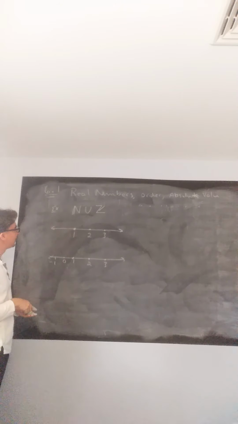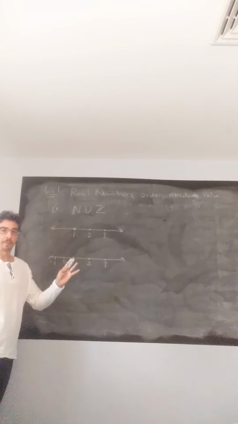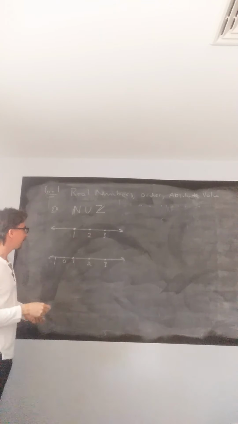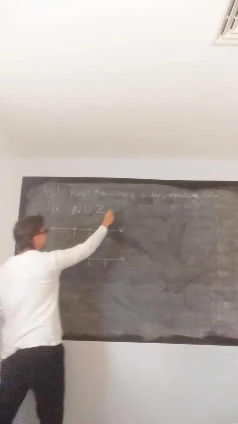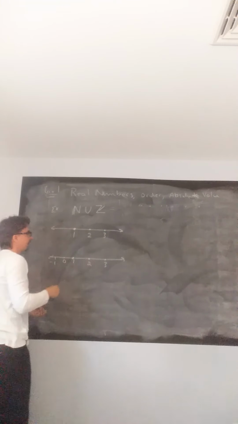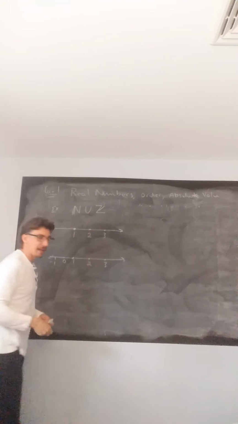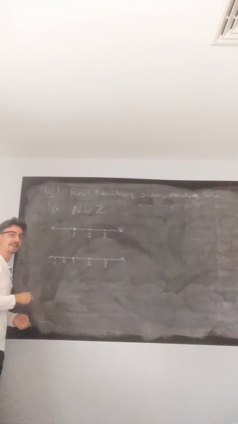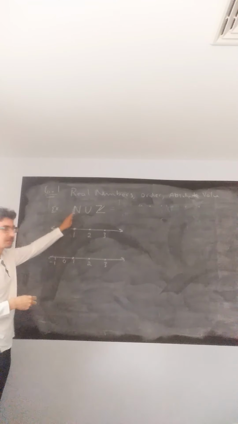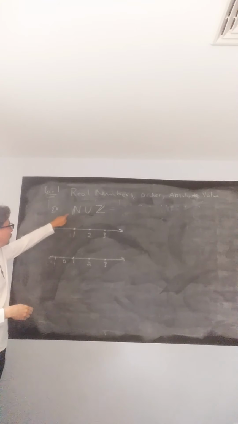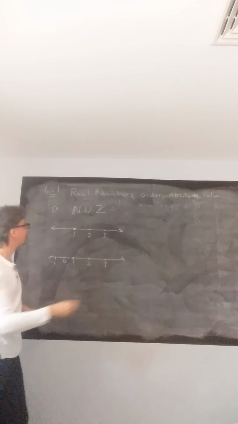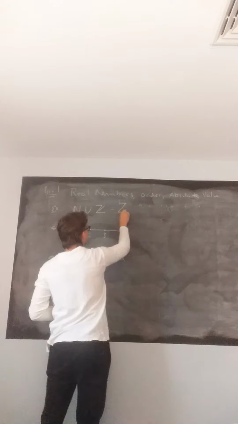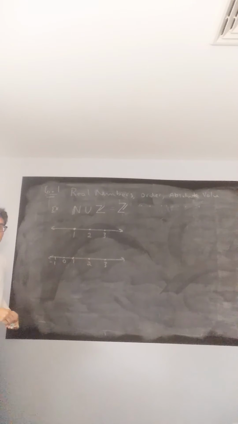So if you take the union, that means you want to take both sets and put all their elements together. So what is this set going to look like? Well, it's going to feature all of the natural numbers, but it's also going to feature all of these negative numbers that the naturals don't have. So when you union the natural numbers with the integers, you get the bigger of the two sets, which is the integers.